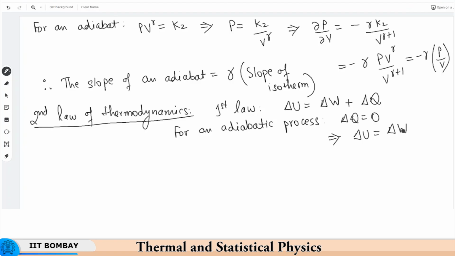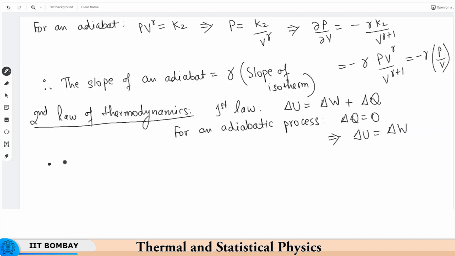But it does not really tell us about the direction in which this process is evolving. It does not tell me whether the work is being utilized in increasing the free energy or the free energy is being used to get some work out of the system. All it is saying is that there is an equality between these two things.